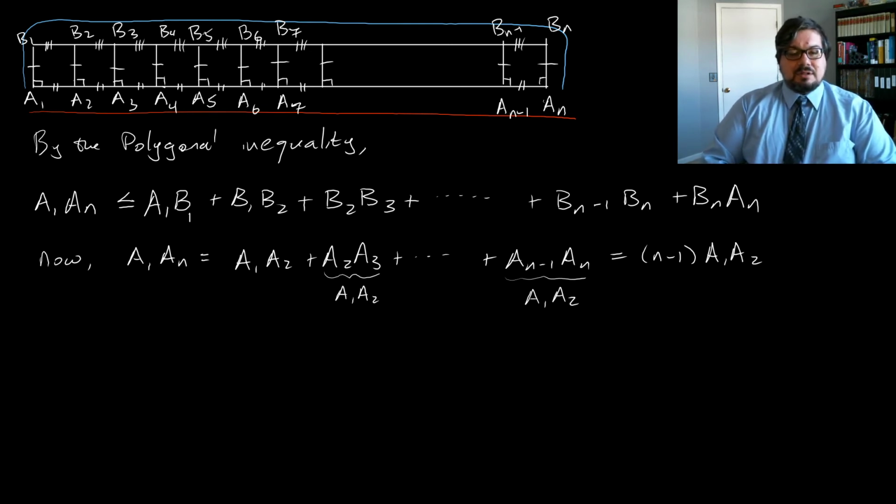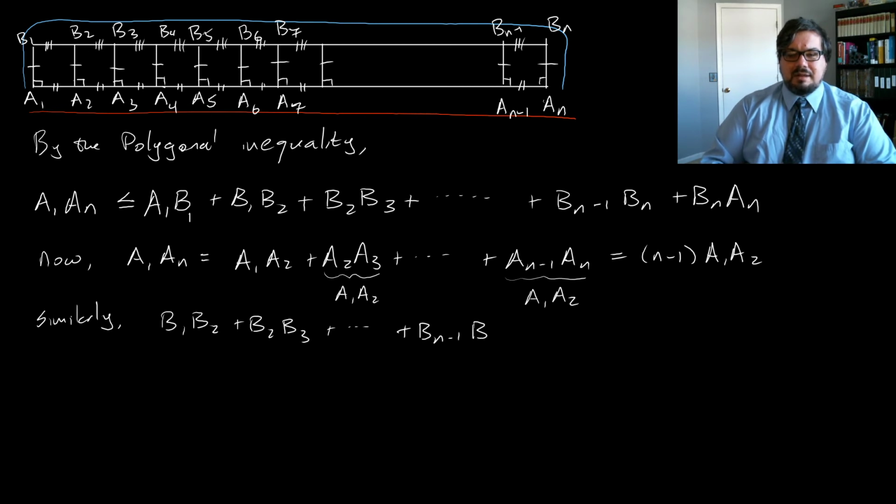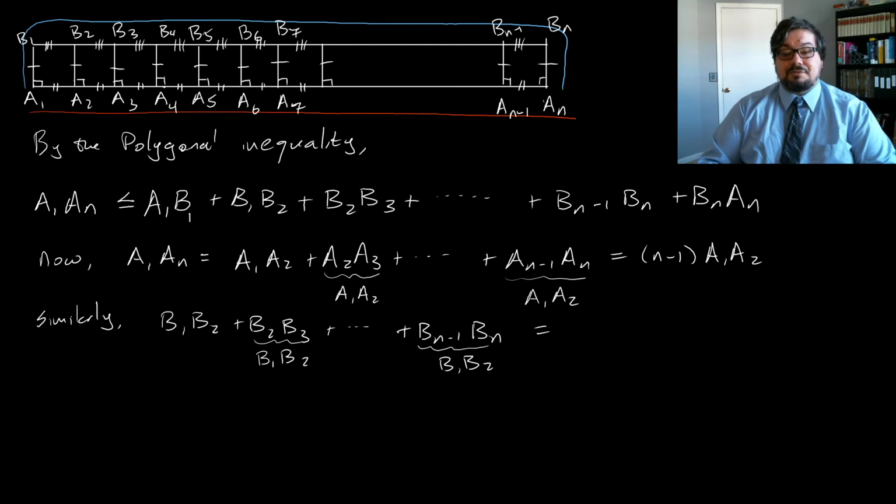Now, similarly, we have that B1B2 plus B2B3, etc., up to Bn minus 1 Bn has the property that each of the terms after the first is equal to the first.